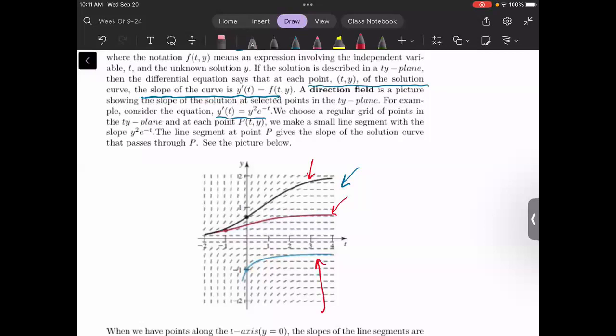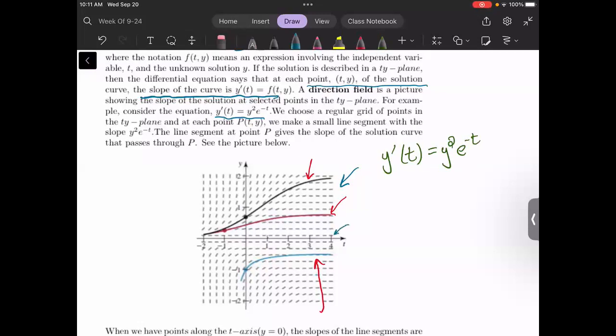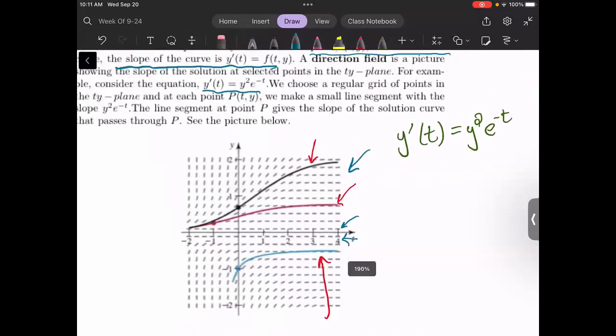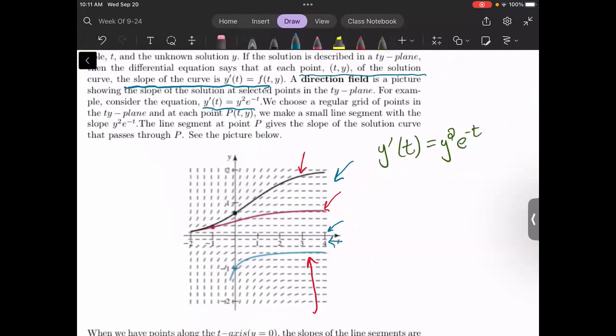This is the example of a direction field with the differential equation y prime of t equals y squared times e to the minus t. Now, if you notice, there are dashed lines that appear horizontal near t equals 0.